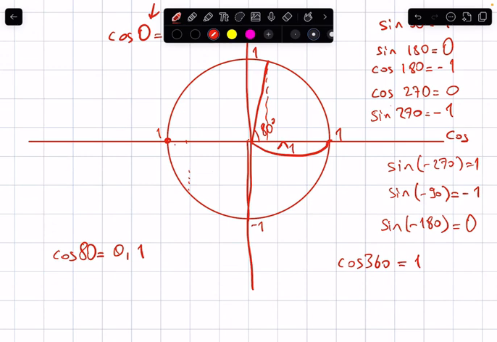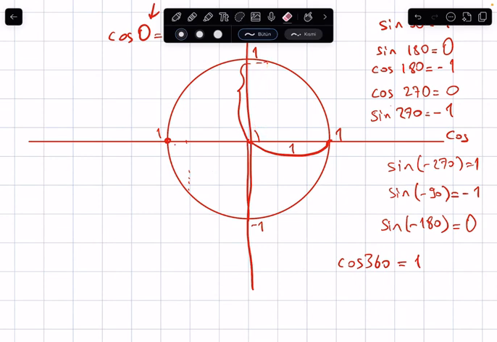Since the unit is 1, cosine 80 would be equal to 0.1. How about sine 80? If sine 90 is 1, sine 80 would be like here. The distance of this is approximately 0.9. I'm just guessing right now. So I'm just finding the angle and then looking at its reflection on the axis.